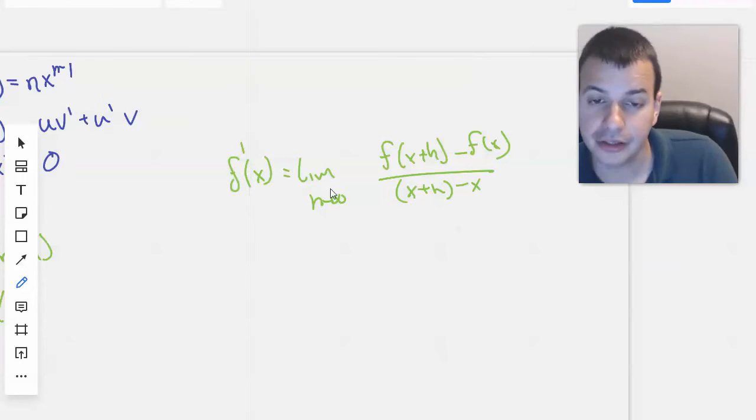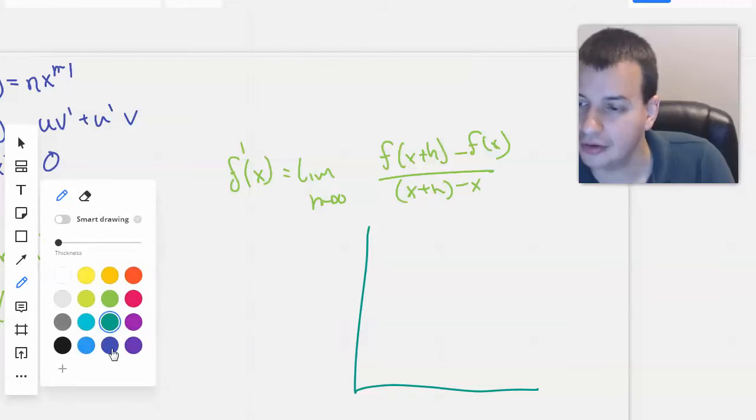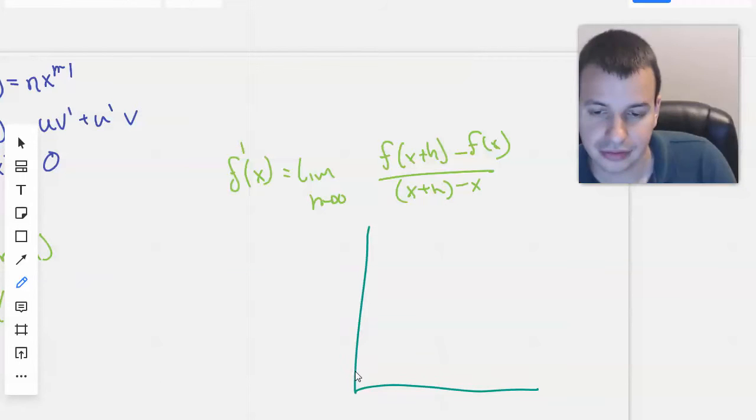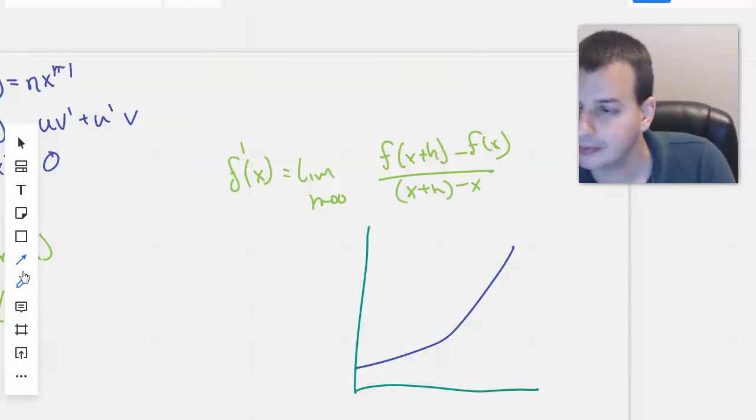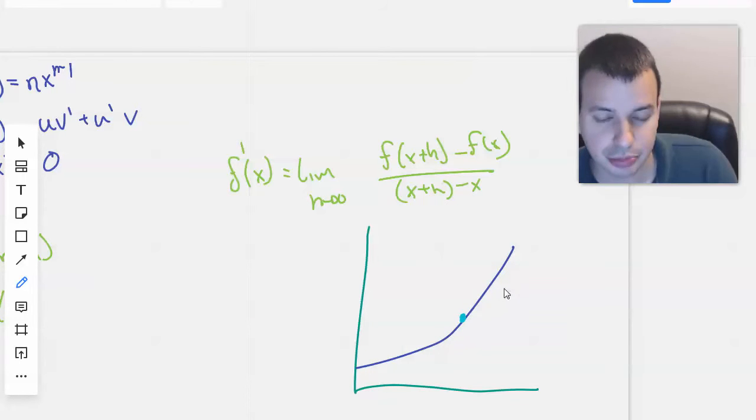Okay, so if we look at this from a graph, we have some graph that looks kind of like this. What we're doing is we take this point, which is x, and this point, which is x plus h.